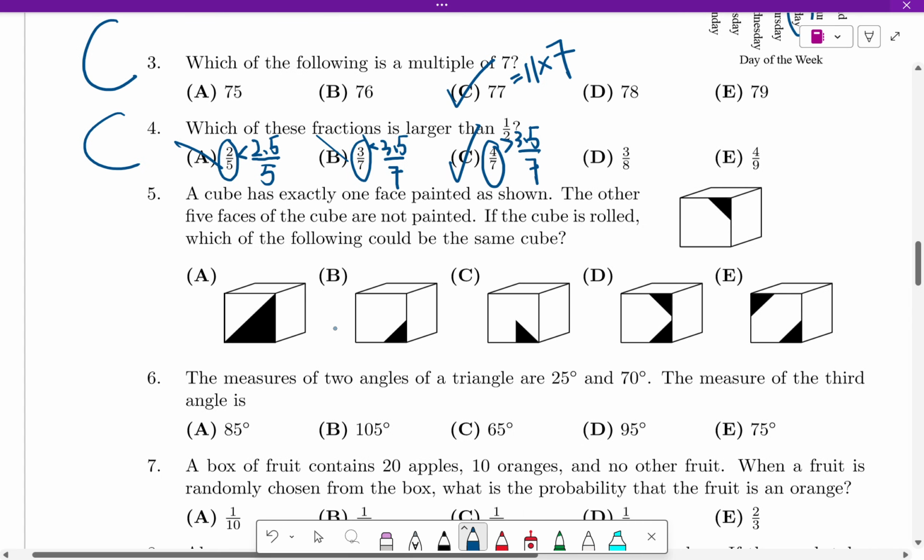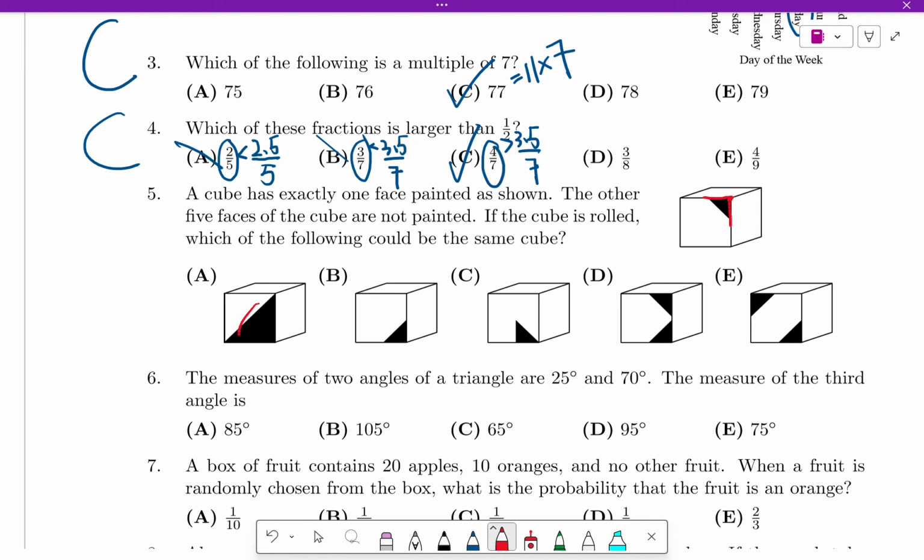Question 5. A cube has exactly one face painted as shown. The other 5 faces of the cube are not painted. If the cube is rolled, which of the following could be the same cube? If we take a look at the original cube, we can see that the painted triangle touches one vertex of the cube and 2 edges of the cube. So for A, apparently this area of the triangle is way too big.